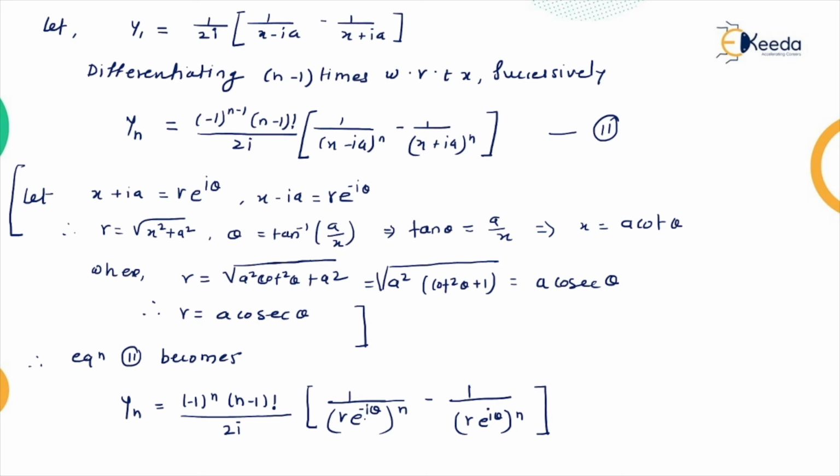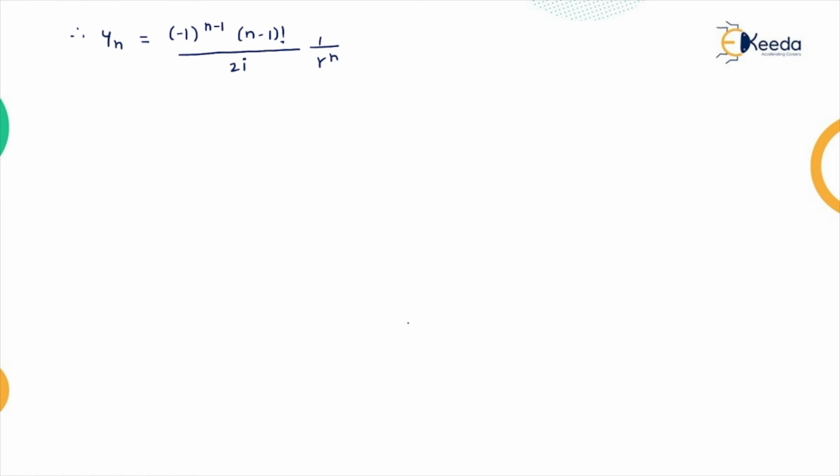By using de Moivre's theorem, this is n multiplied by the angle theta, so you will get e^(inθ) minus e^(-inθ). So you will get this yn in this way.